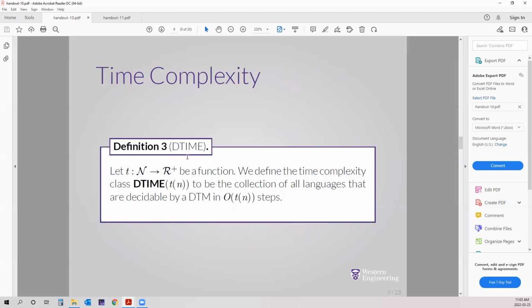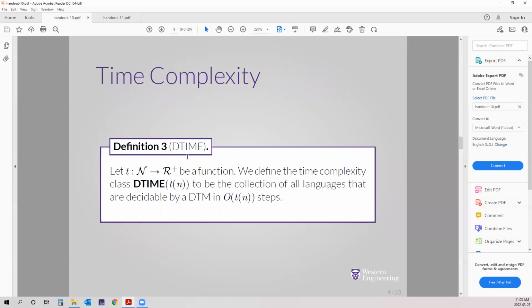Definition 3, time complexity, which we call DTIME. Let T take N and output R plus, be a function. We define the time complexity class DTIME of T of N to be the collection of all languages that are decidable by a deterministic Turing machine in big O of T of N steps.